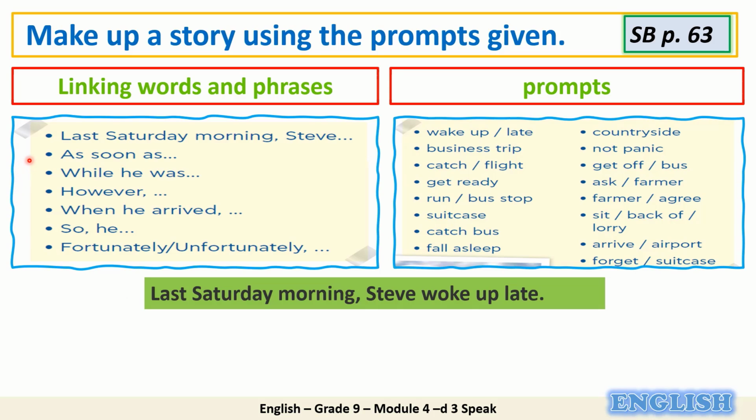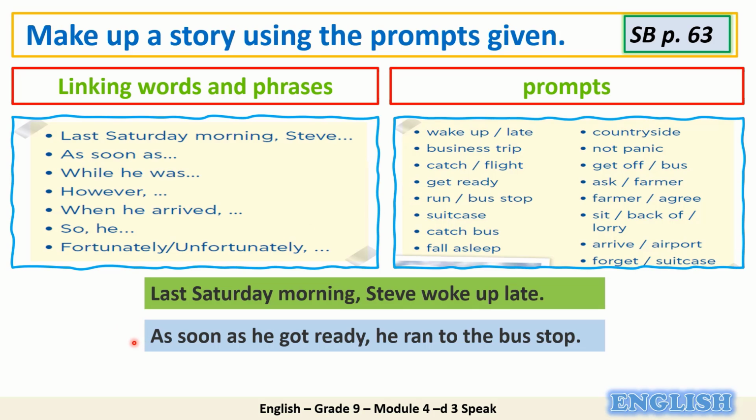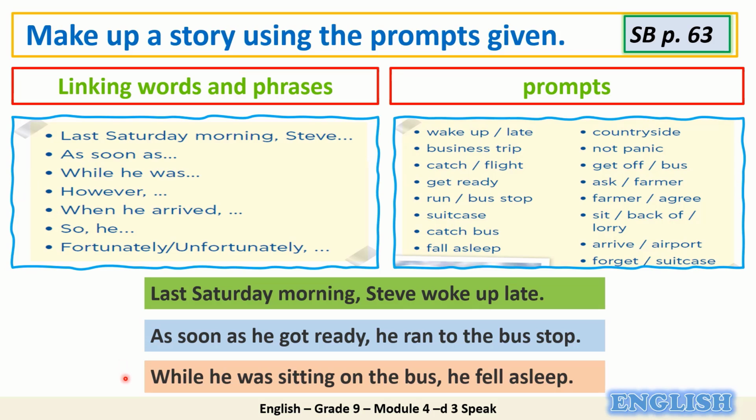Another example: as soon as he got ready. What did he do? He ran to the bus stop. As soon as he got ready, he ran to the bus stop. Another example: while he was sitting on the bus, he fell asleep.